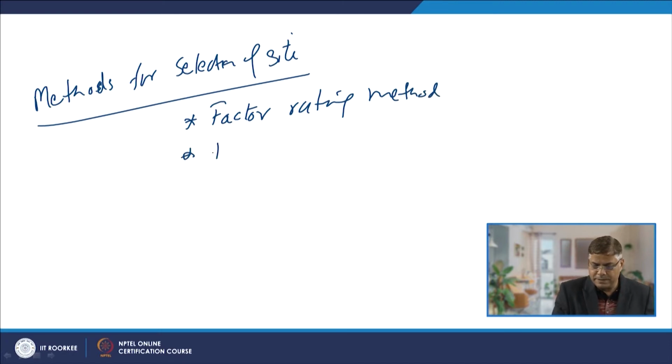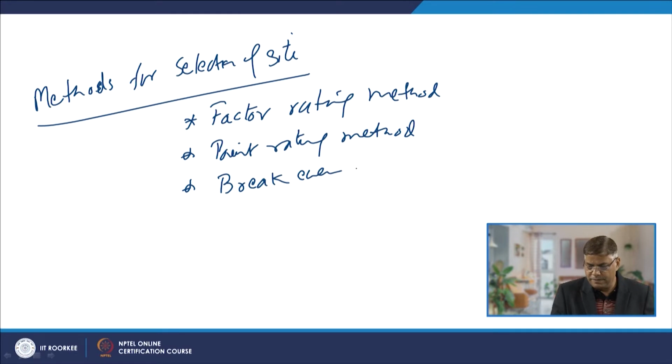Second is the point rating method. Third is the break even analysis method. Fourth is the center of gravity method, called the CG method.